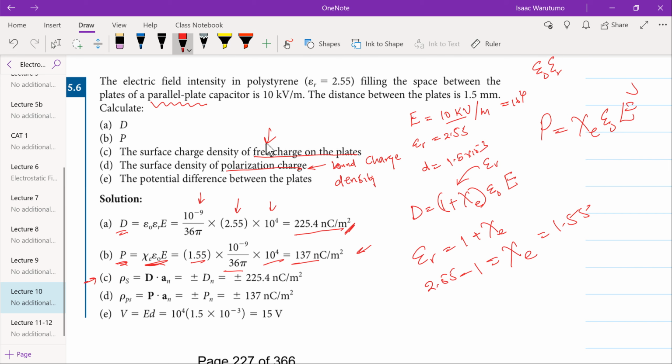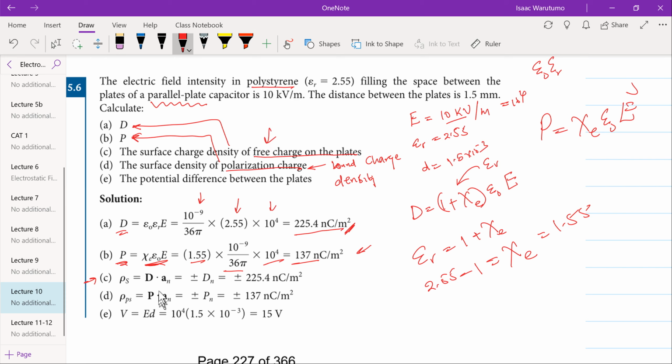Therefore, for that reason, this is going to be a direct result of flux, electric flux density, and the polarization charge is a direct relationship from the polarization that has developed on the medium or on the plate. Is it on the plate? Actually, it's on the medium between the plates, the polystyrene.